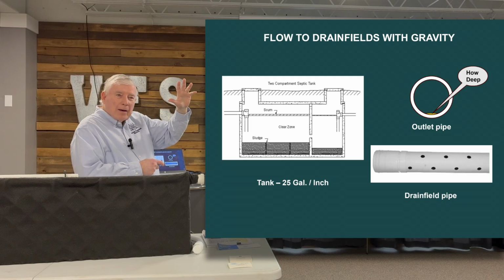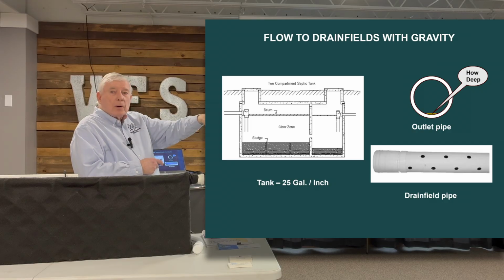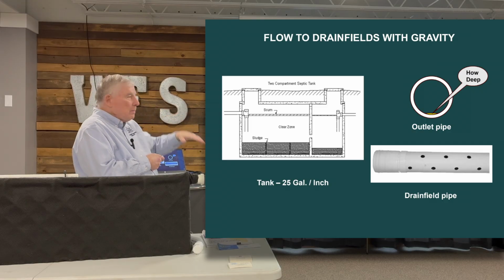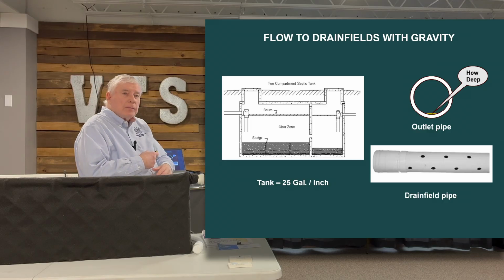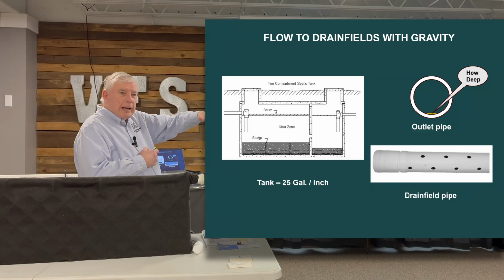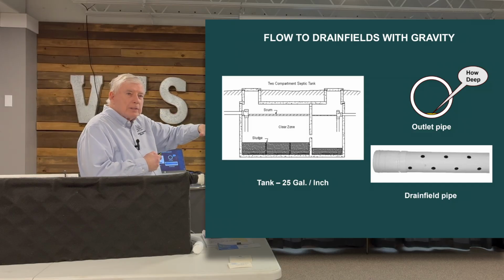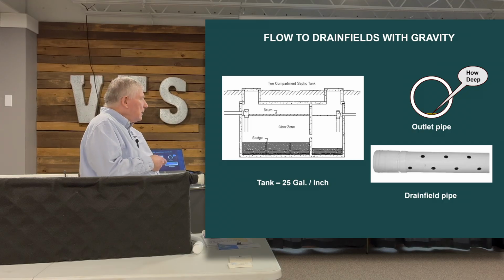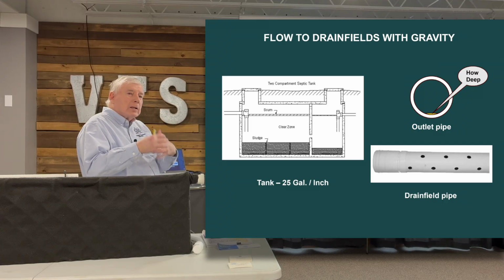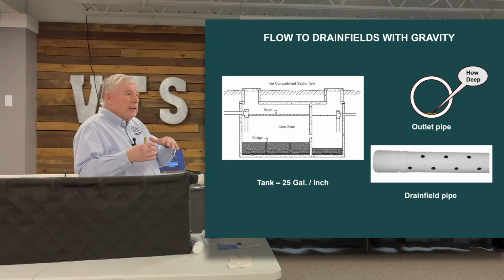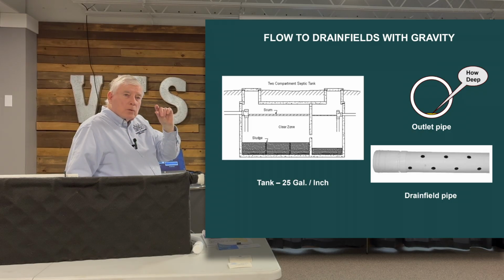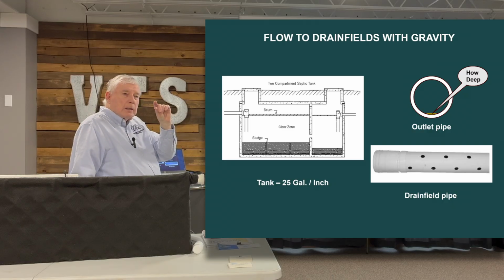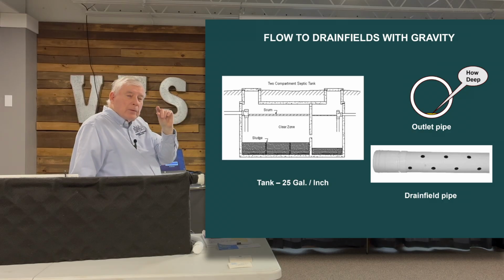Might be 2.5 if you've got an old-fashioned toilet. 1.6 gallons is pretty much standard across the board now. 1.6 gallons goes into a 1,000 or 1,500 gallon tank. What has to happen in that tank to get any water out the other end? The water level in the tank has to rise by 1.6 gallons. A 1,000 gallon tank is about 20 gallons per inch. So how much does the water level in that tank rise when you flush a toilet?